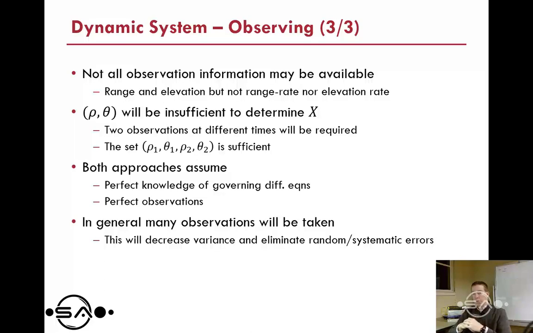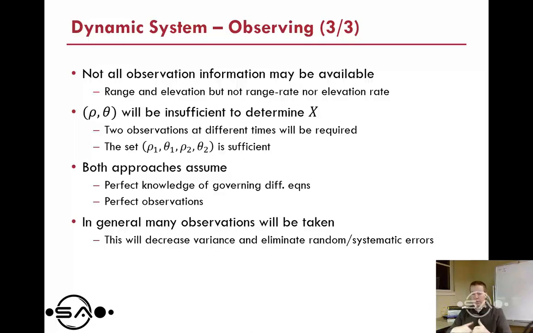Both approaches, where we have all the observation information and where we have to take multiple observations, assume that we have perfect knowledge of the governing differential equations, which, as we've alluded to earlier, the models may not always be accurate, and that we have perfect observations, which we also said may suffer from random and systematic errors. But in this case, we're assuming perfect knowledge of those governing differential equations and perfect observations.